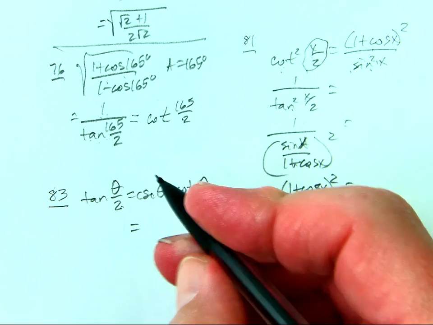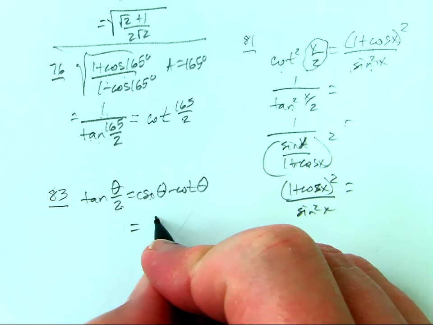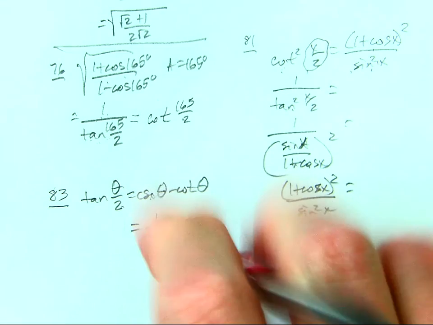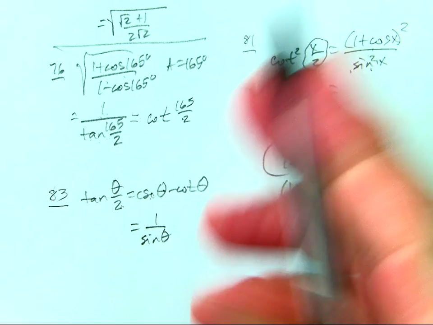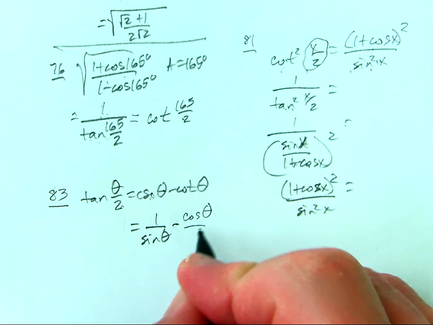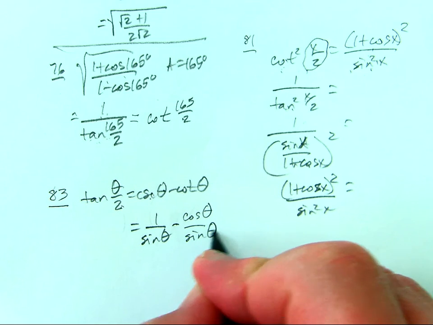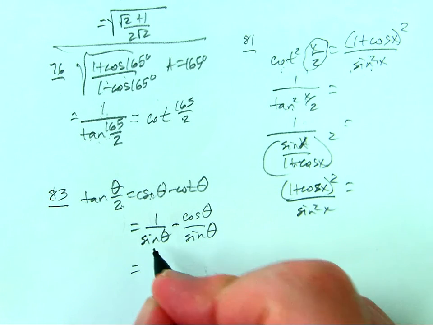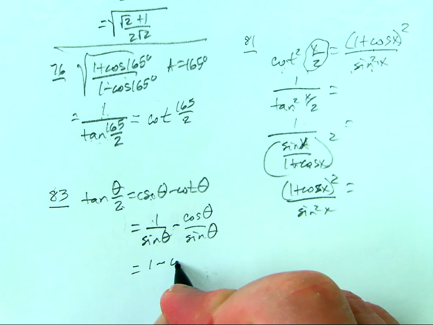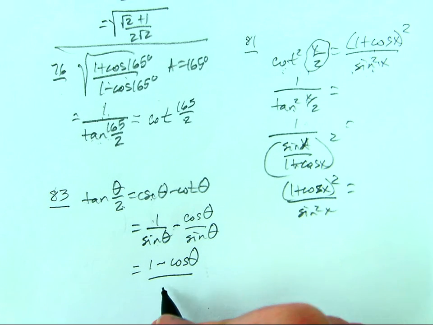Well, we know cosecant is the reciprocal of sine, so we can replace cosecant with 1 over sine. We know cotangent, one of our quotient identities, is cosine theta over sine theta. Here we have a common denominator, so we can subtract these. On the top, you'll have 1 minus cosine theta, and on the bottom, you'll have sine theta.